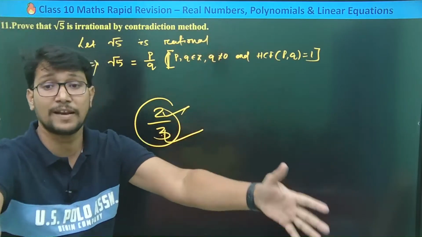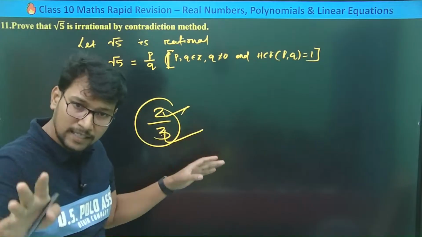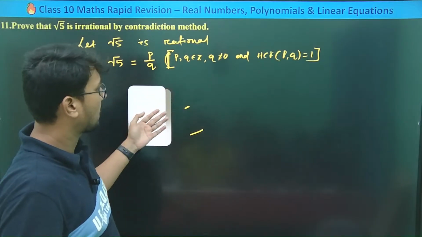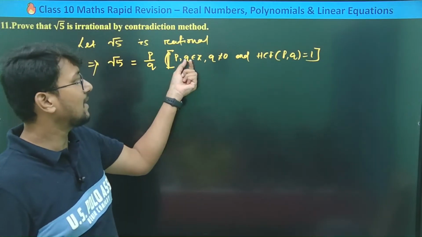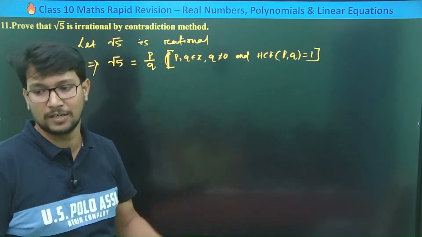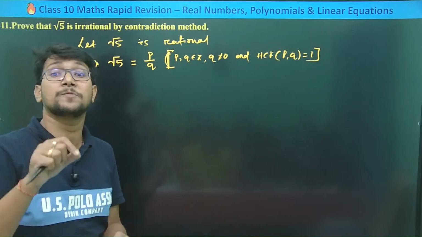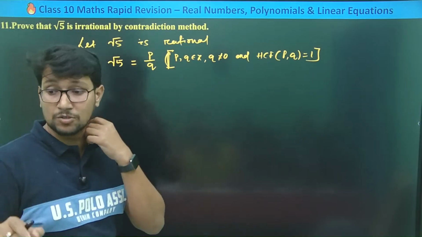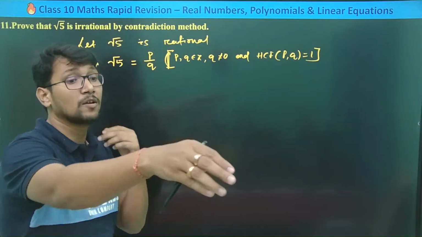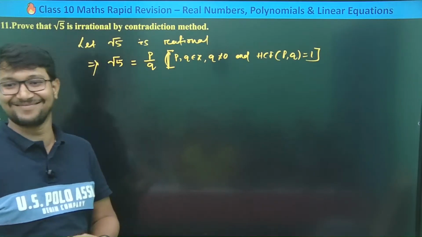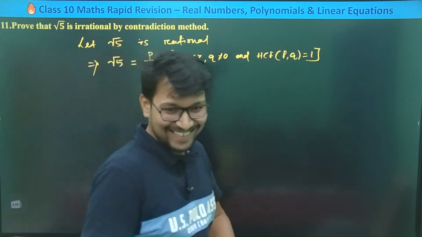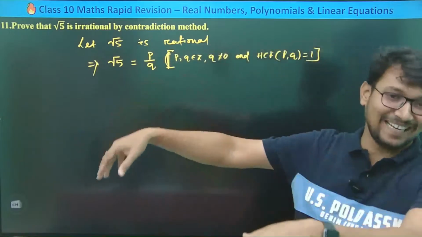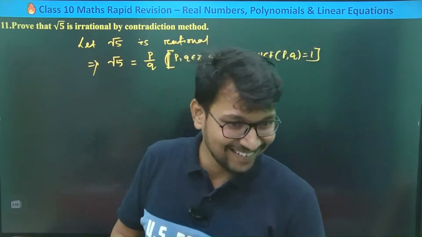That is the definition of a rational number. Got it? Yes, that symbol is epsilon, which means belongs to. You all belong to your home, or we all belong to India. We are Indian, right all? Okay.